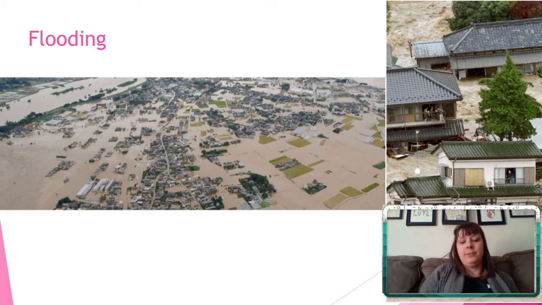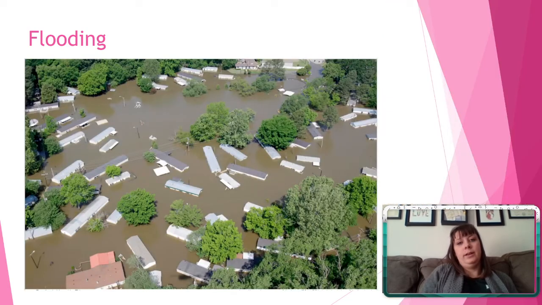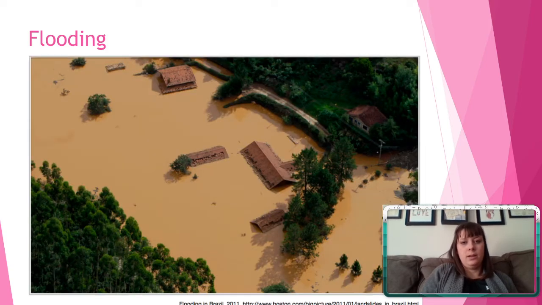Flooding. Flooding is something that impacts all areas of the world in different places. In the picture, I think this one's the Mississippi River flooded. This one's Brazil. So this is in 2011.